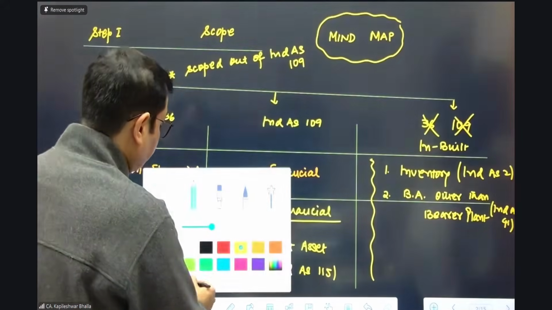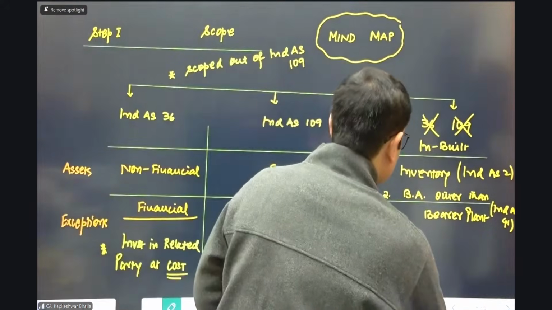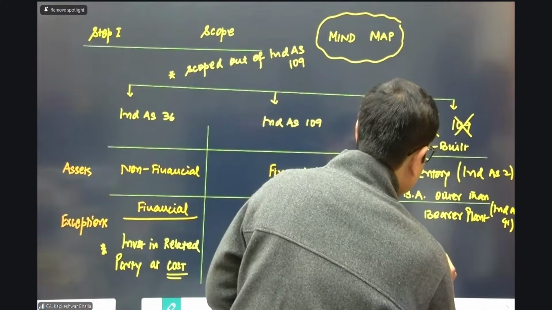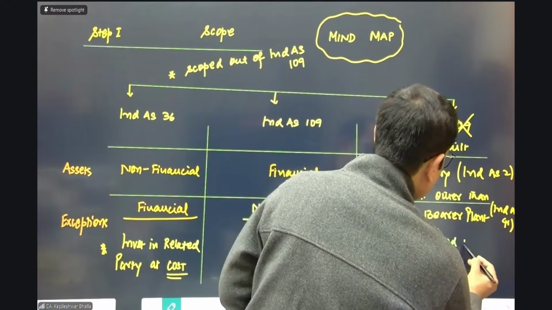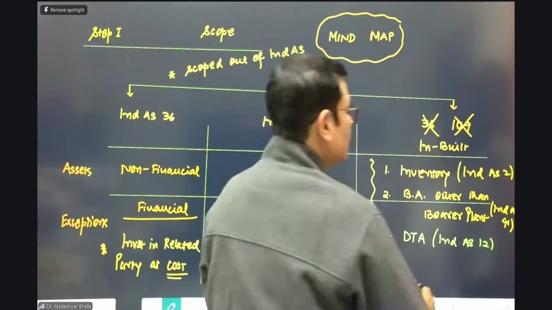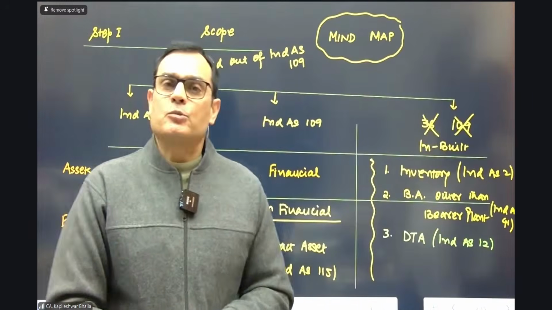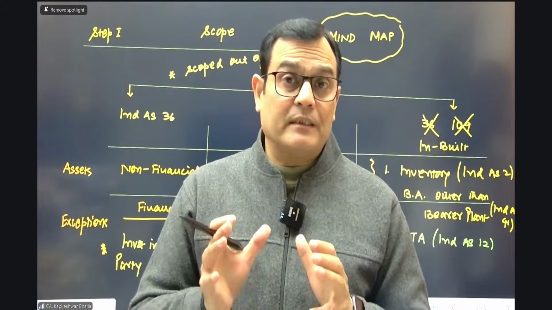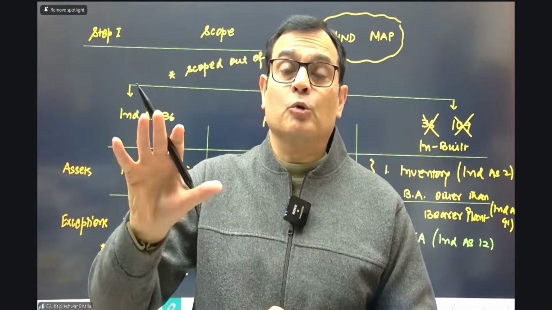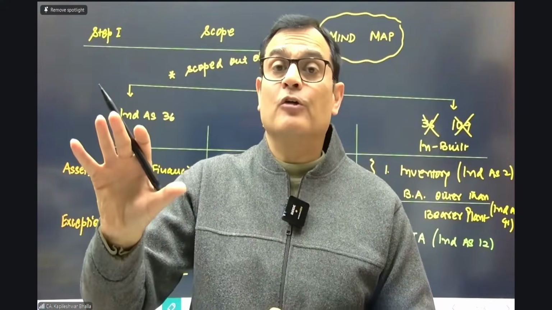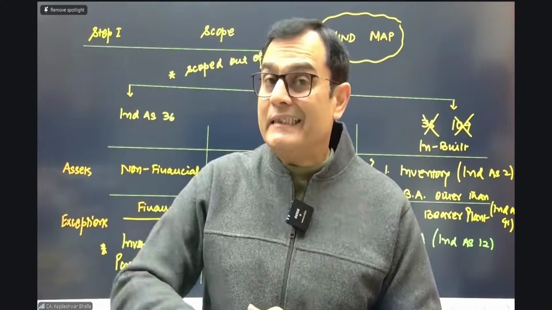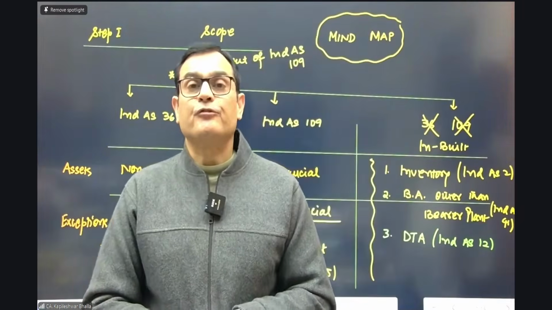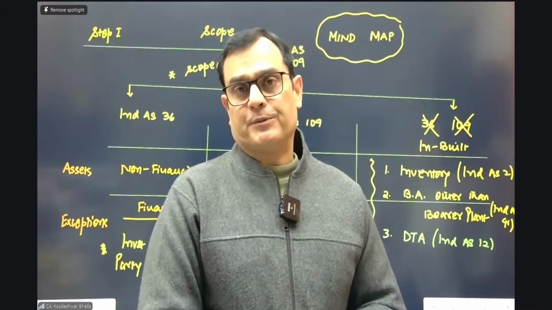Then there are more examples. Number 3 is DTA, deferred tax asset, which is covered under the purview of Ind AS 12. Ind AS 12 has got its own concept of prudence, because when there is a DTA in your balance sheet, you always make an annual review of whether there is a certainty that future taxable income would arise.